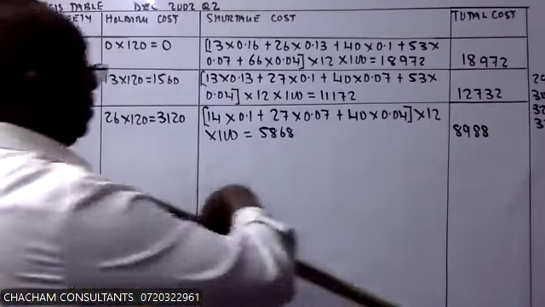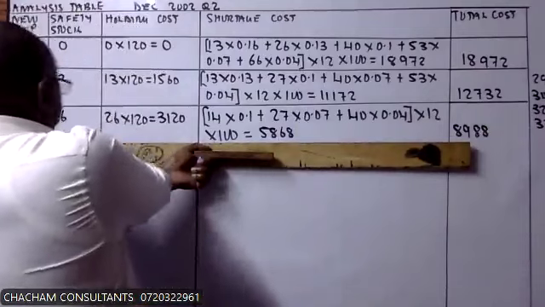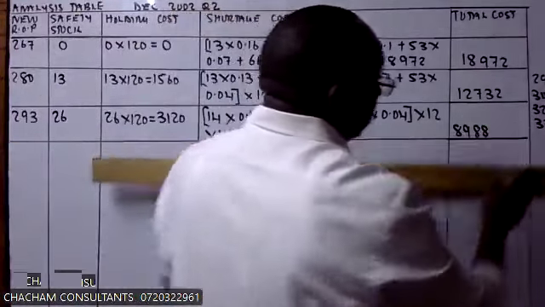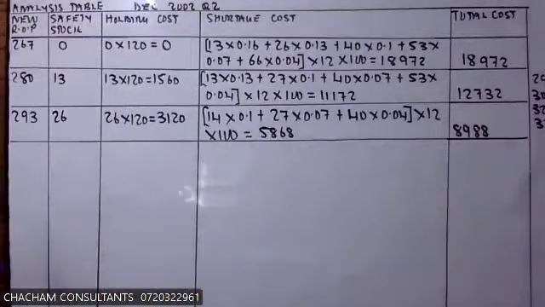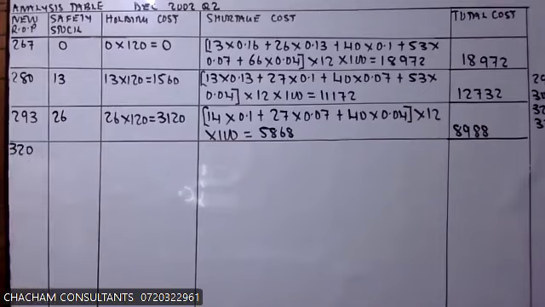Okay, so that one we close. We go now to 320. Now I want you to work on your own for 320 and 333. Finish the two of them, tell me when you finish.